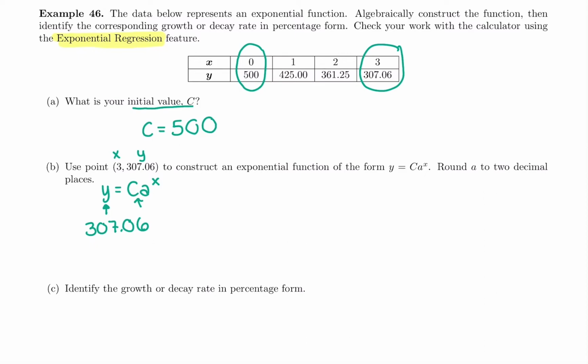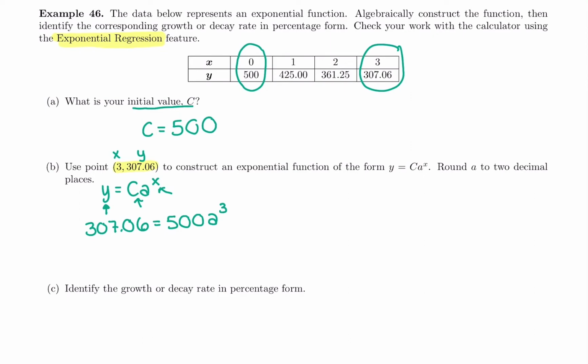The C value, the initial value, is 500. We're trying to solve for A, and the X value that we're raising A to is the 3 that comes from the point above. We have the point 3 for X and 307.06 for Y. And we want to get A by itself.